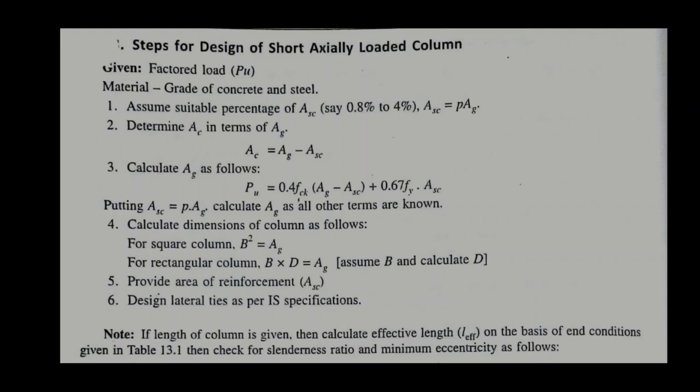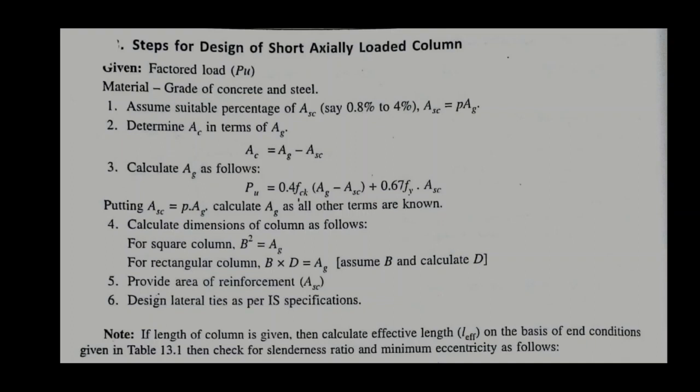From this equation, which is given in 39.3, Pu equals 0.4 fck within bracket Ag minus Asc, that means Ac, plus 0.67 fy into Asc. So we can write it, right? Now putting Asc equals p into Ag, calculate Ag as all other terms are known.